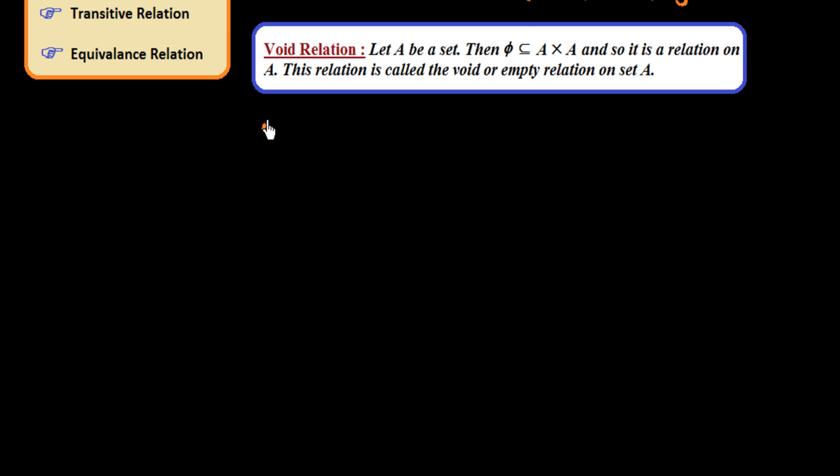We have a set A with elements 1, 2, 3, and we find a relation R which is empty.